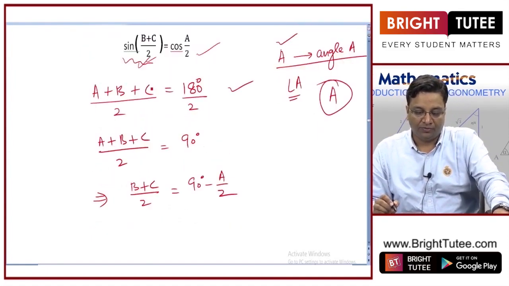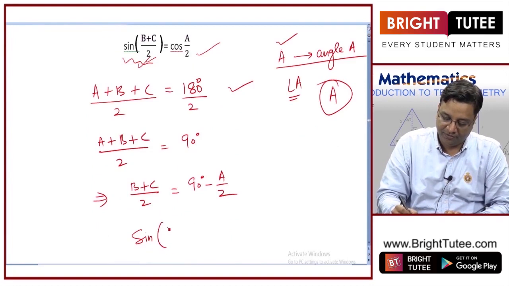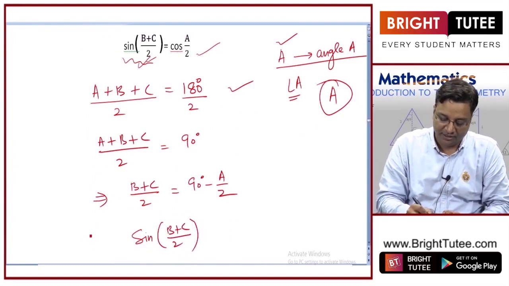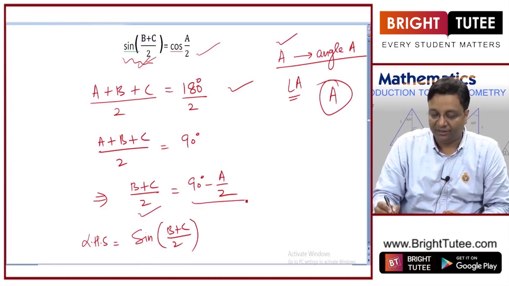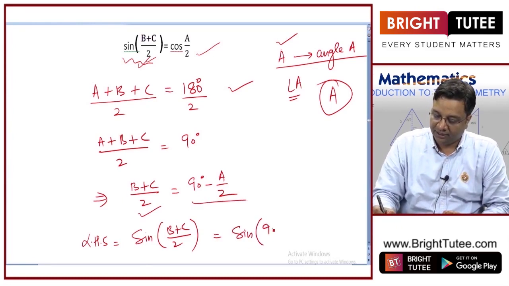In the given question, my left hand side says sin((B plus C) by 2). So I can replace this (B plus C) by 2 by 90 minus A by 2. So it is equal to sin(90 minus A by 2).